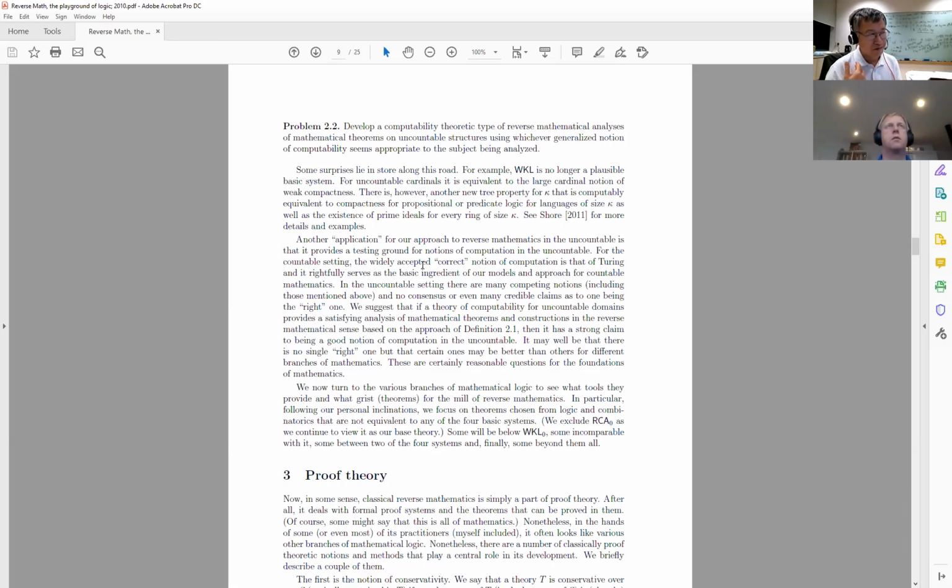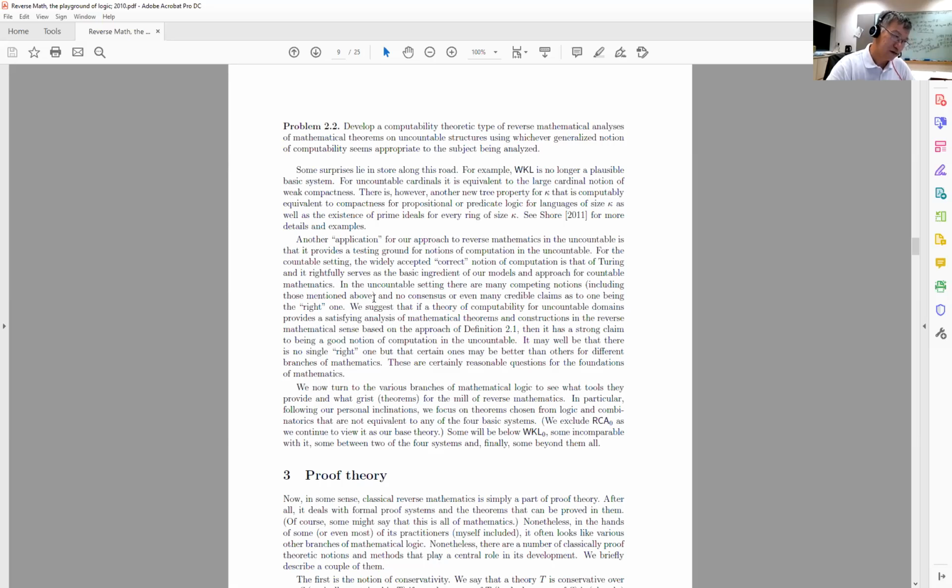Maybe I will show you one more paragraph of Richard Shore's paper, and then Sam can tell us a bit more about the systems behind higher reverse mathematics.